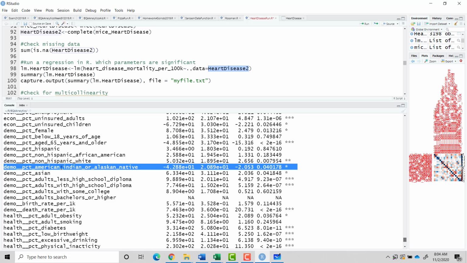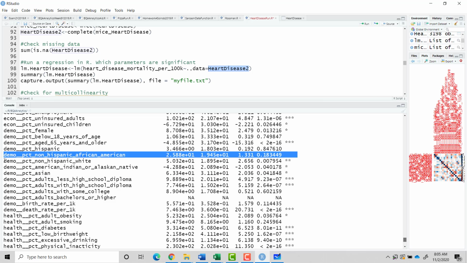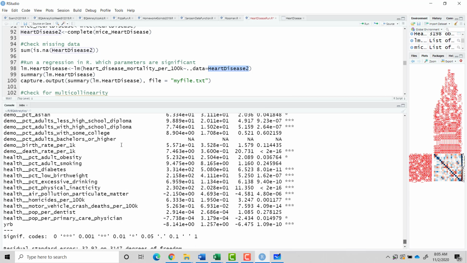And if you have a high degree of Native American population in the ZIP, that's going to be negative. And both African American and Hispanic white, and also Hispanic, tend to be positively related to heart disease.